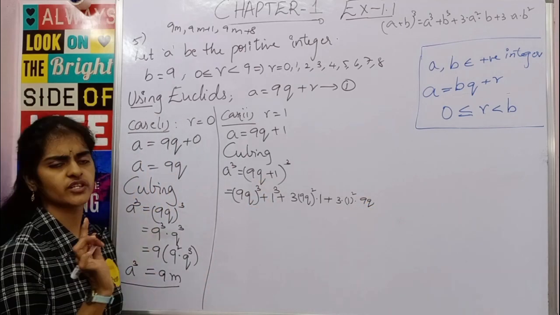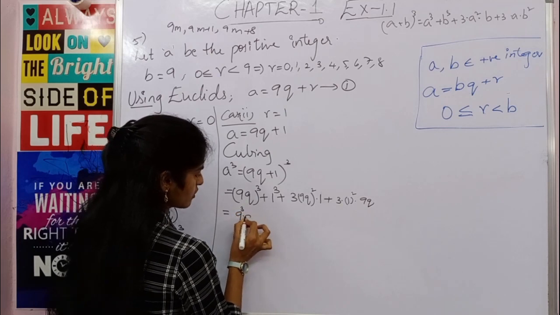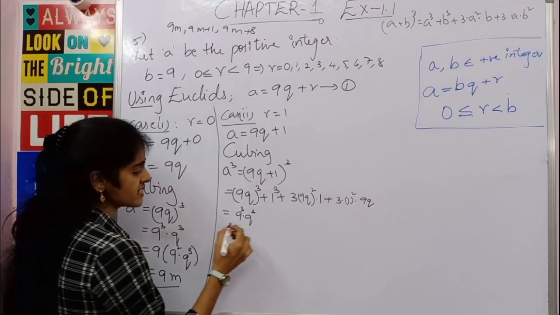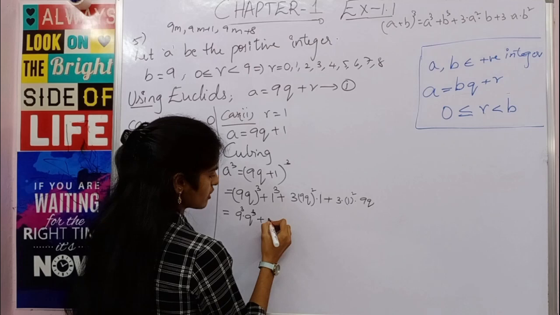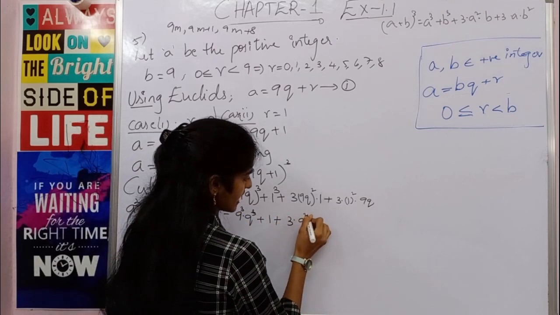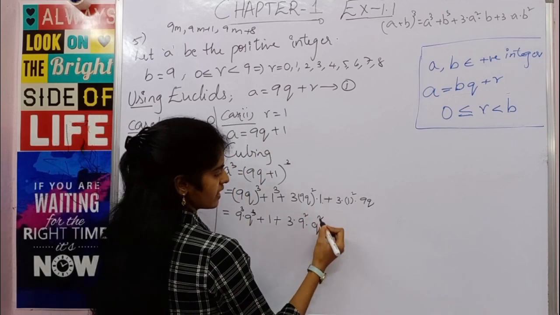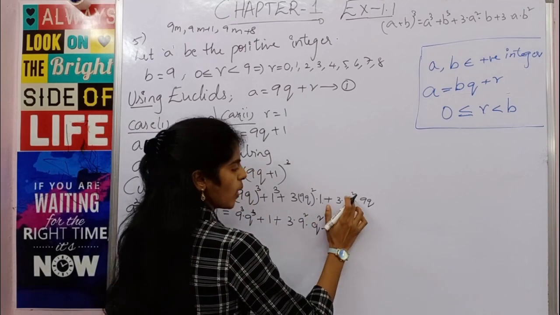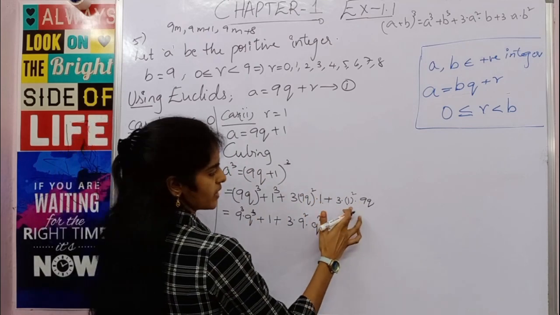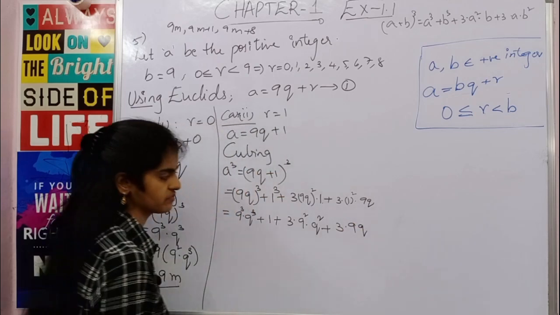Clear? Just substituting. Okay, so this is nothing but, now this I can write as 9 cube into q cube, separating the powers, plus 1 cube is nothing but 1, plus here you have 3 into 9 square multiplied by q square. Okay, plus here you have 3, 1 square is nothing but 1, 1 multiplied by 3 gives you again 3, so 3 multiplied by 9q.